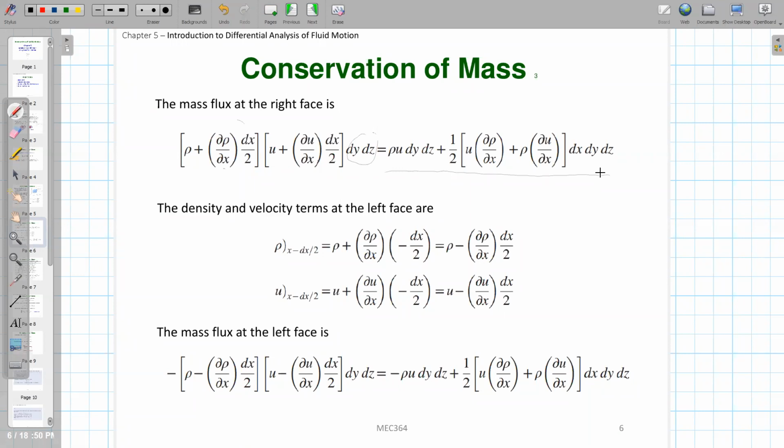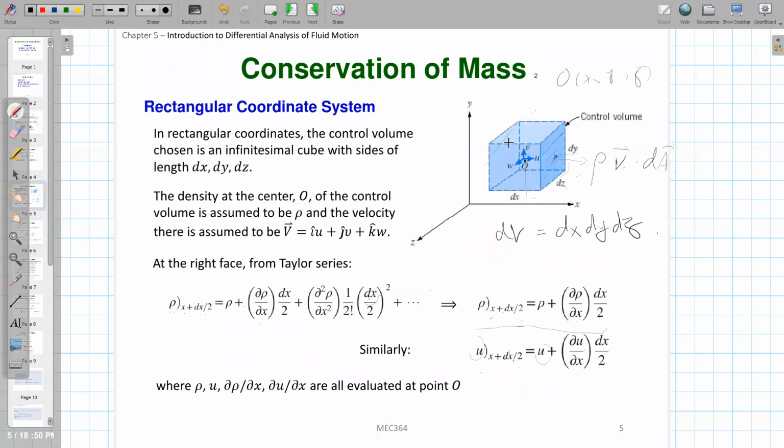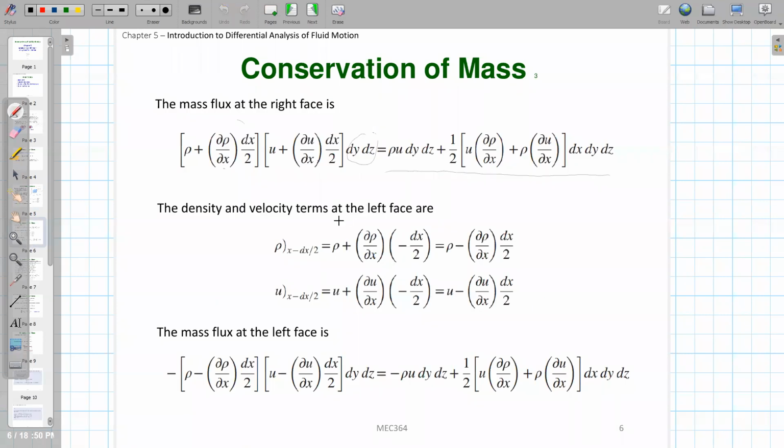So we're handling one face. Remember, we have 6 surfaces, so we also need to handle the other 5 surfaces. Let's consider the negative x face, this surface on the left. Similarly using the Taylor series, you can guess the density and the velocity u.